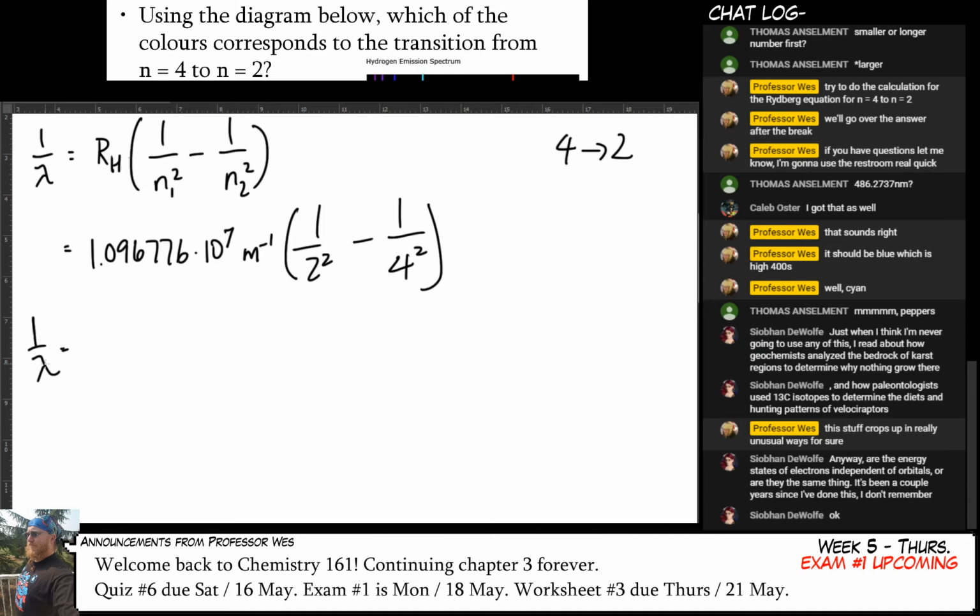I messed up hard. 1.096, 776. I hit the wrong button and then I got very confused by what happened there. 4 squared is 16. Enter. And so I got this.